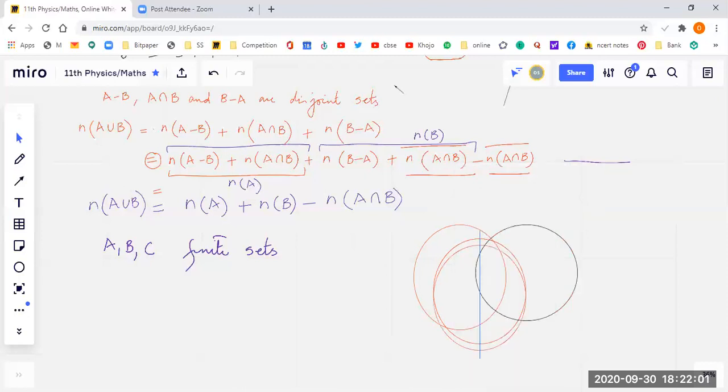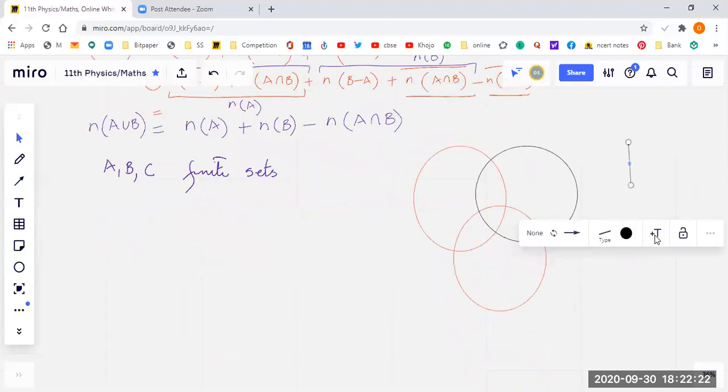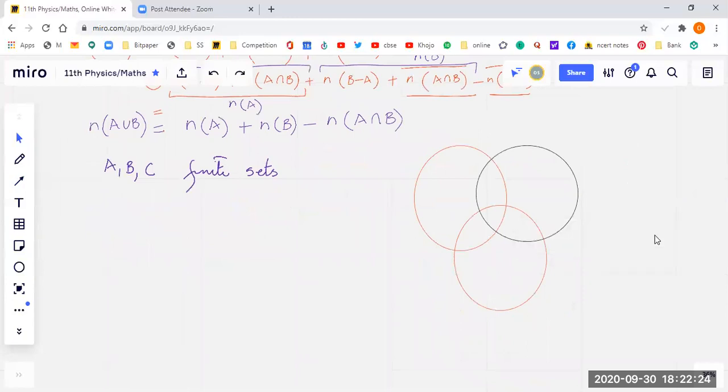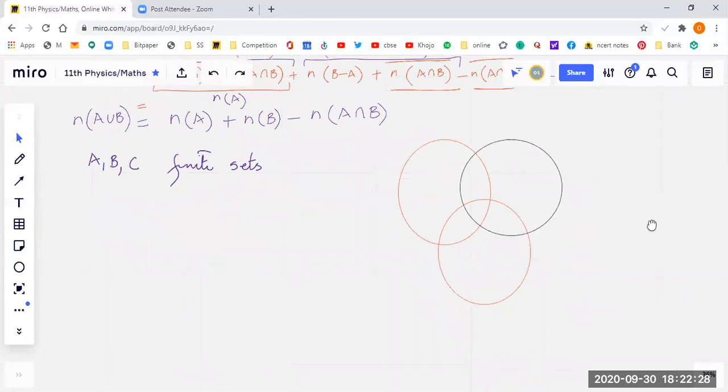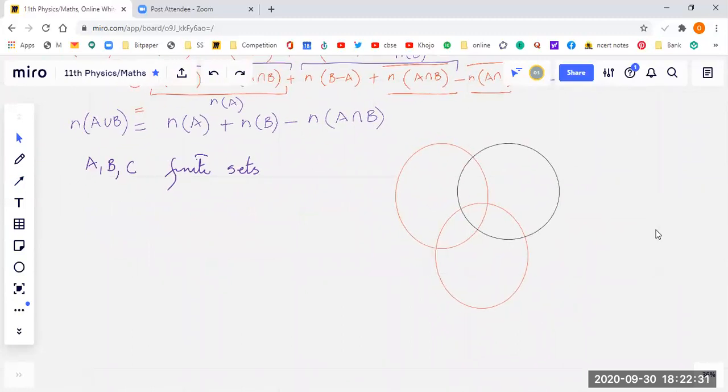And this set may be taken in another color. Now see, students, this is the Venn diagram for 3 sets. Okay, Venn diagram for 3 sets. So I'm going to define this, very, very important.